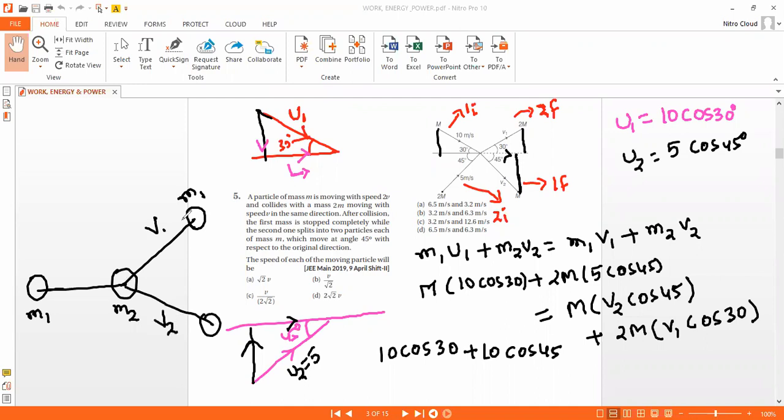In this case, the vertical component before collision is 0. So I can write 0 equal to m1 v1 sin alpha plus m2 v2 sin theta, where this is alpha and this is theta. Right?